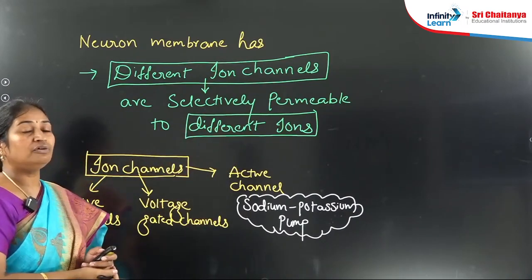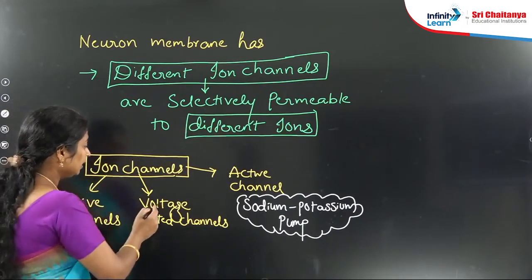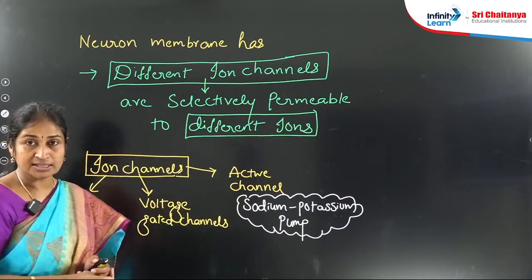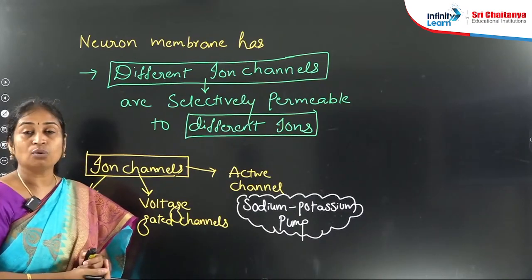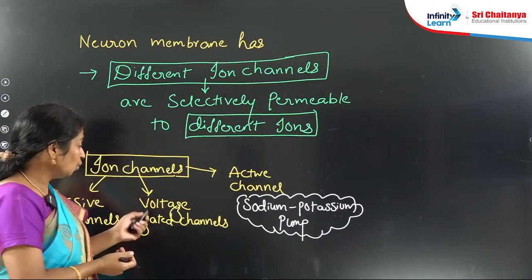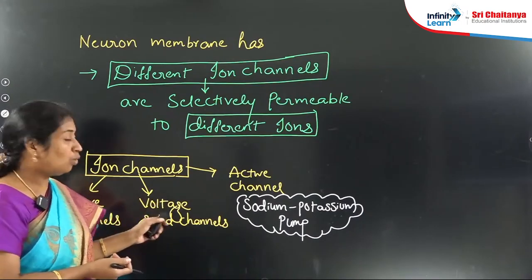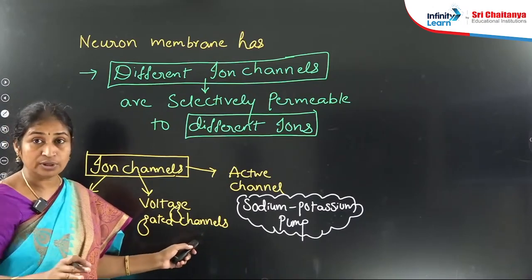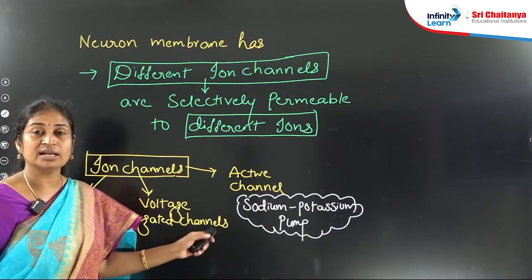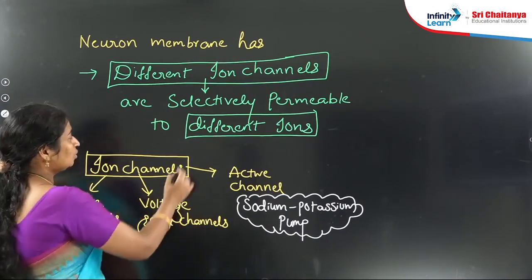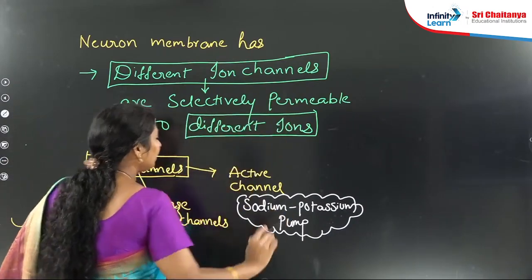For example, there are two types of voltage gated channels: the sodium voltage gated channel and the potassium voltage gated channel. Sodium voltage gated channels allow only sodium, and potassium voltage gated channels allow only potassium. That is known as selectively permeable to different ions.